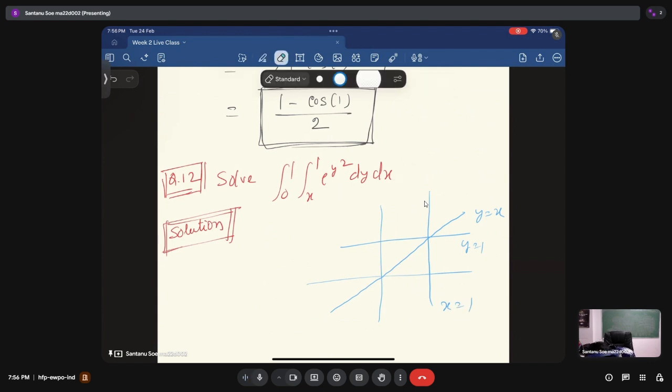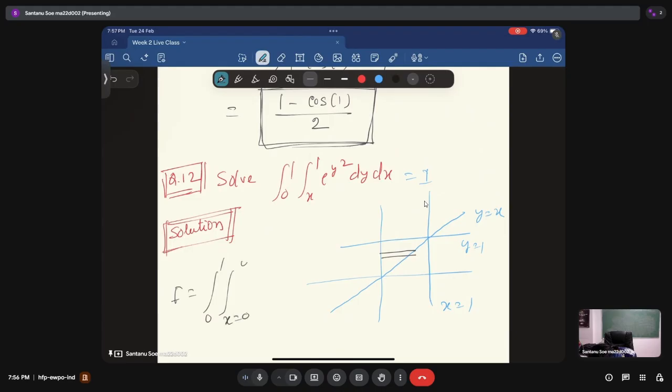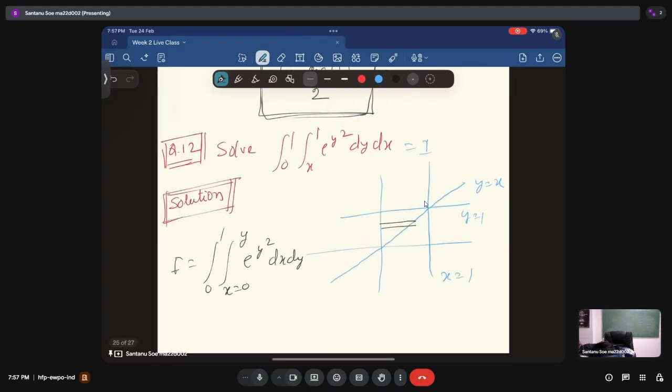So let us call this as I. So I is gonna be changing to, so we have to take a strip like this. So this will be from 0 to 1. So this is x is gonna be from 0 to y, and then exponential of y square dx dy. So this is same as y exponential of y square dy.